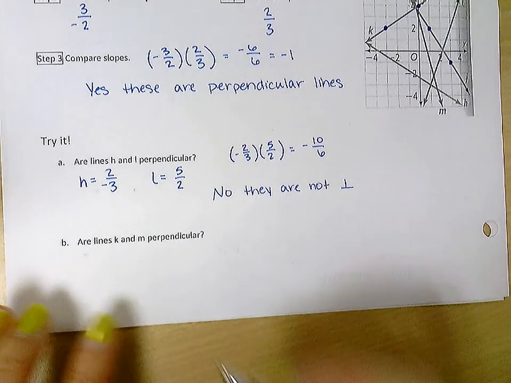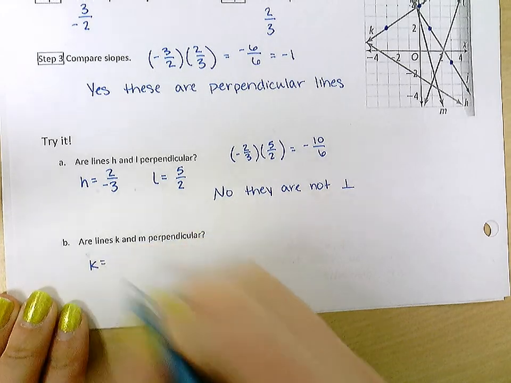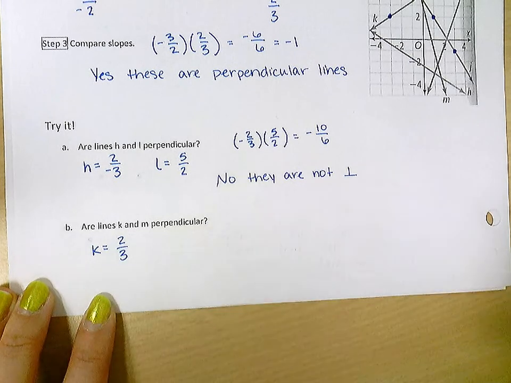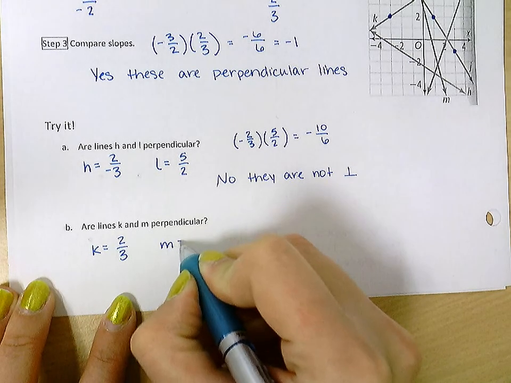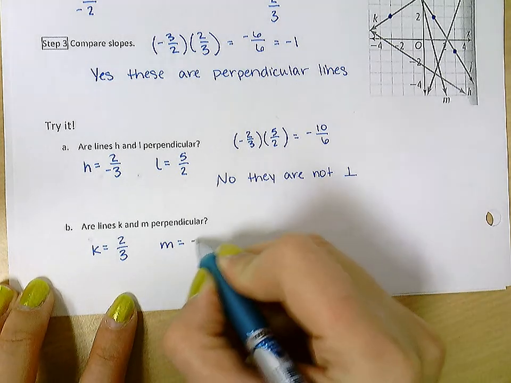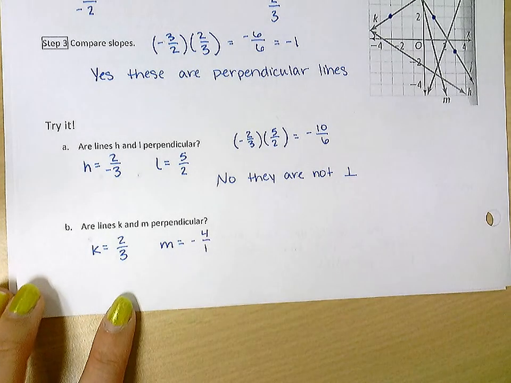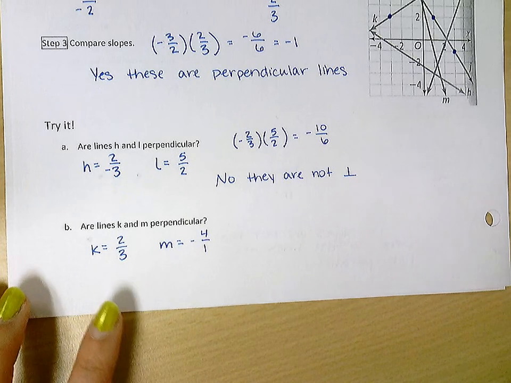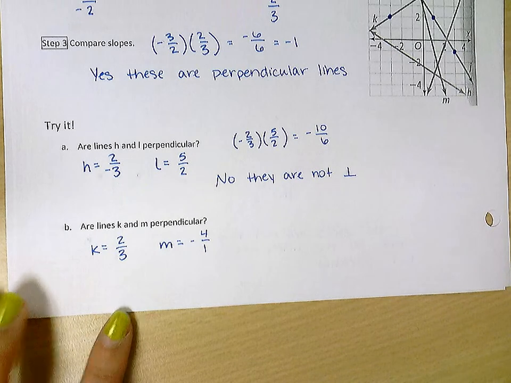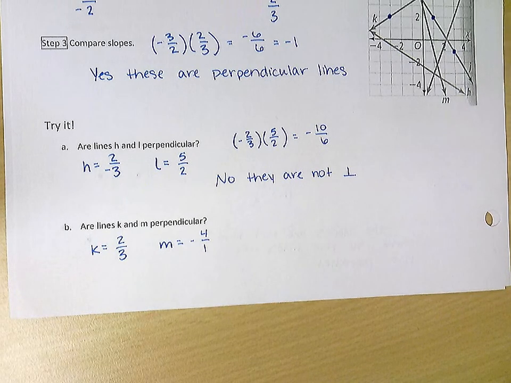Okay, letter B, slope of line K is 2/3. Slope of line M is -4.